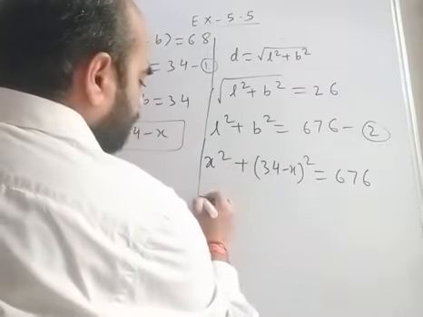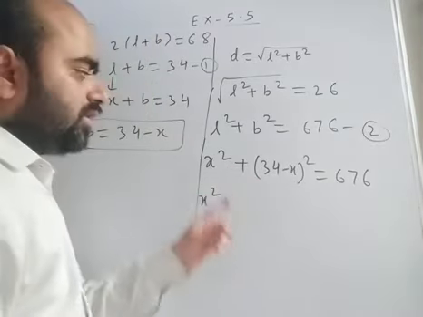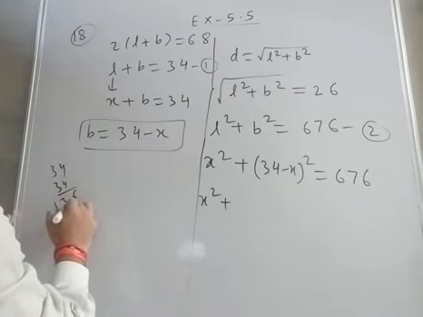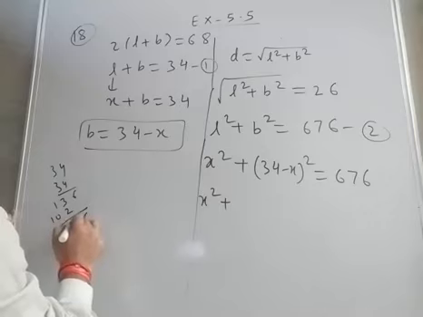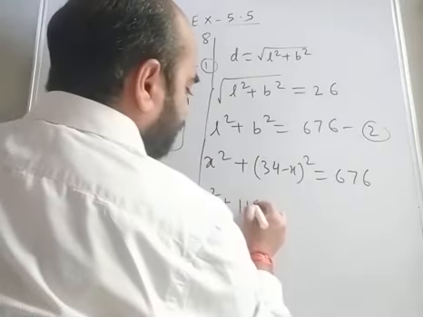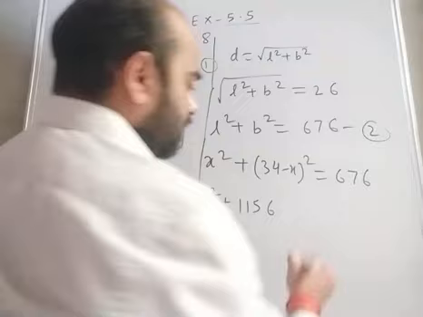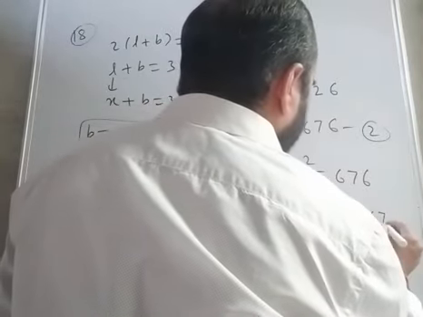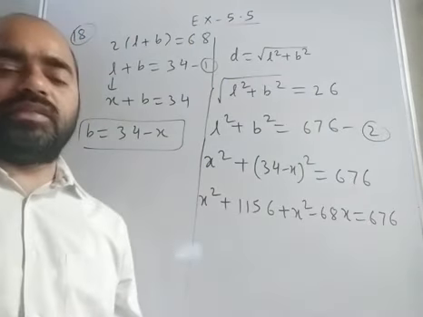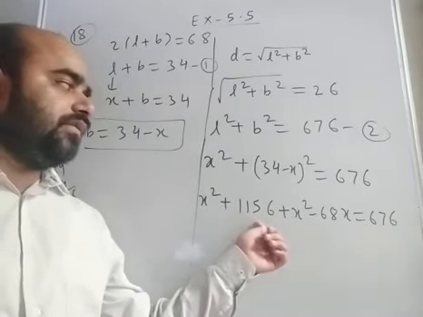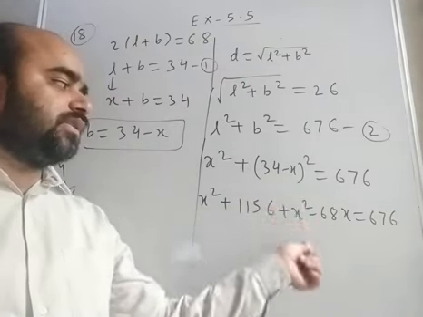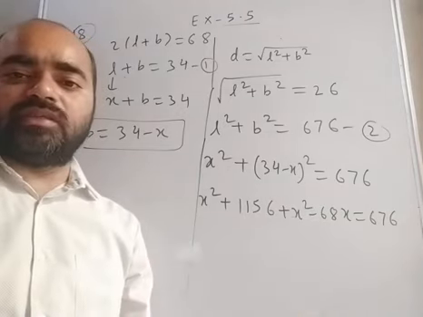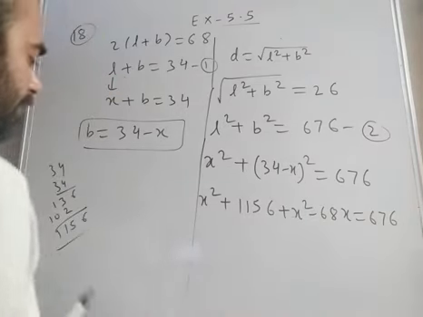Now open it, this will become x square plus 34 square, that is 1156, plus x square minus 2 into 34 into x, that is minus 68x, is equal to 676.